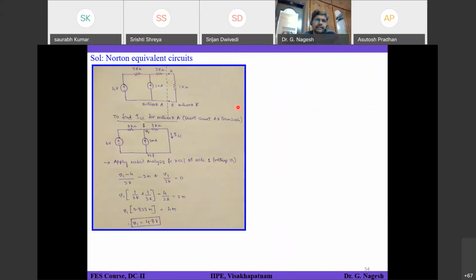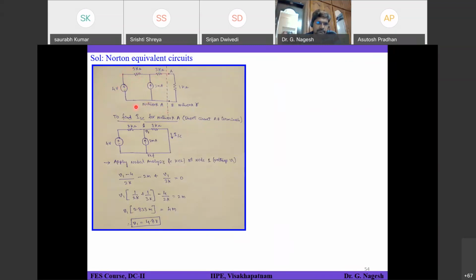Right. So to find out the Norton's equivalent circuit, remember you are finding the Norton's equivalent circuit only for network A, that means to the left hand side of this dotted line only. That is called as Norton's equivalent circuit.